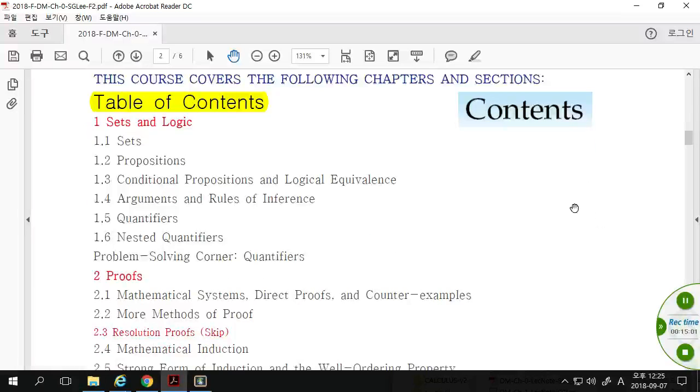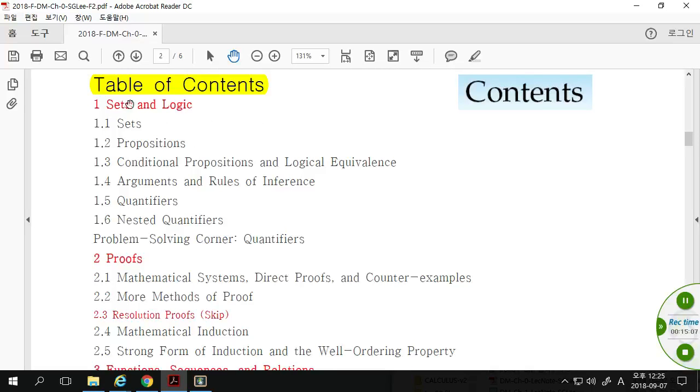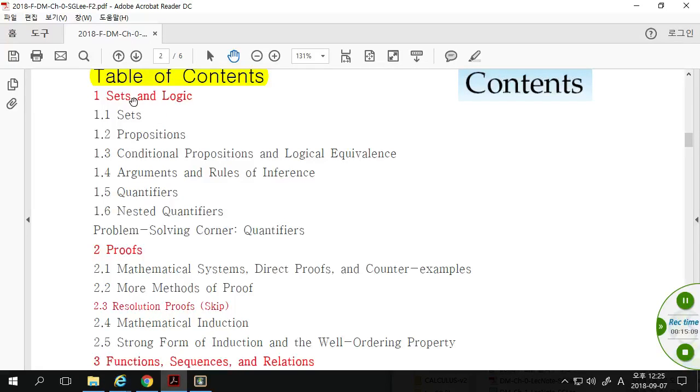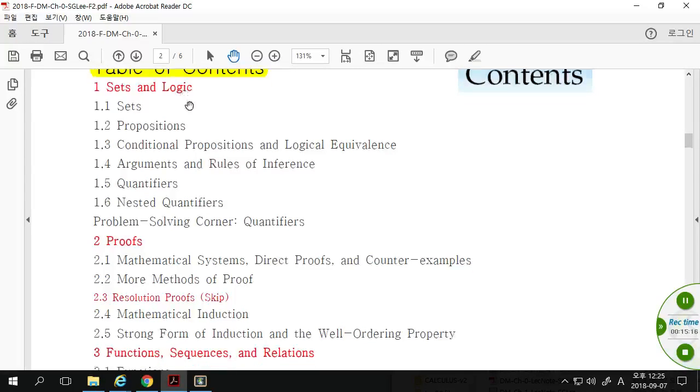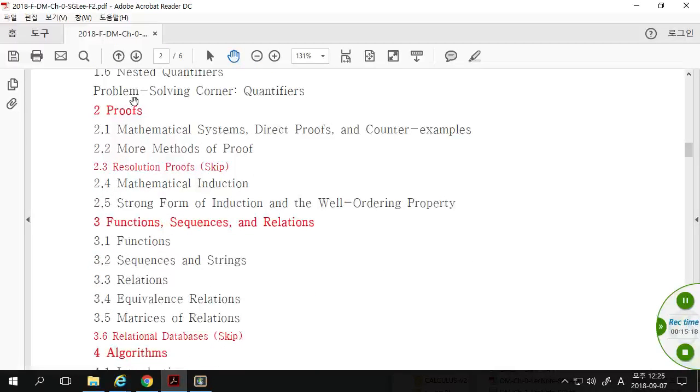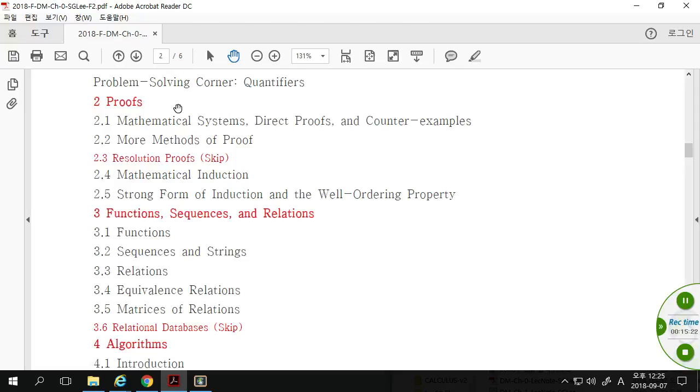Okay, this is a table of contents of this textbook. First chapter will be a review of the mathematics that you have learned on sets and logic. New part starts from chapter 2, proofs.